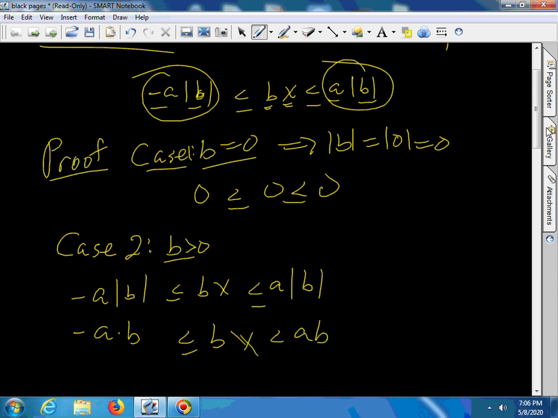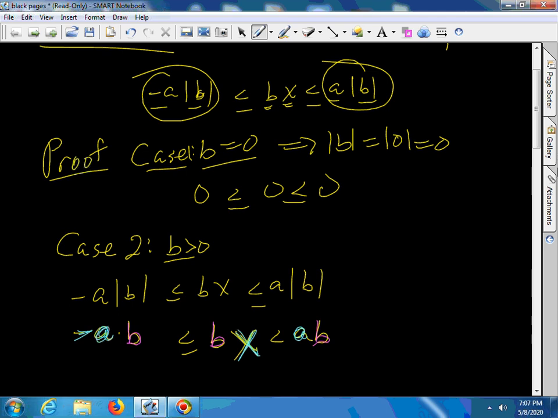Well, yeah, I mean, if you initially had this, and then you multiply all sides by a positive number, there's no problem. Yes, no problem. Absolutely no problem.